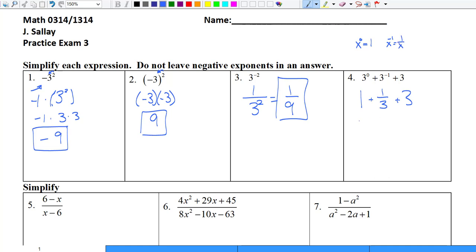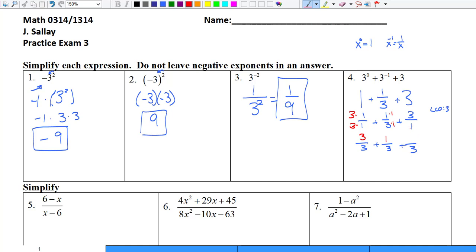Now we're going to have to add these, so I'm going to get a common denominator. The first and the third number have denominators of 1, so my LCD is 3. So on the first one I can multiply by 3, so that's 3/3. On the second one I already have a 3, so I'm just going to multiply by 1, or basically just keep it the same.